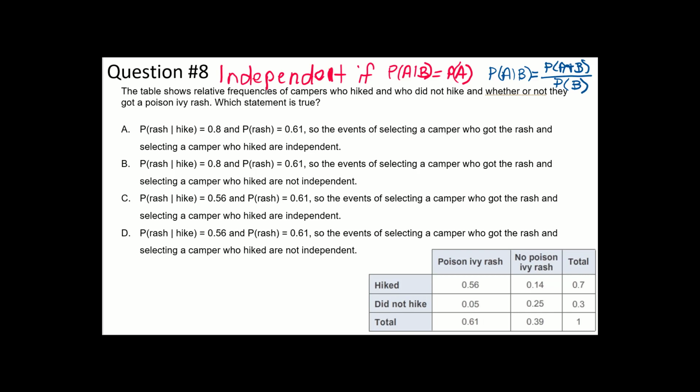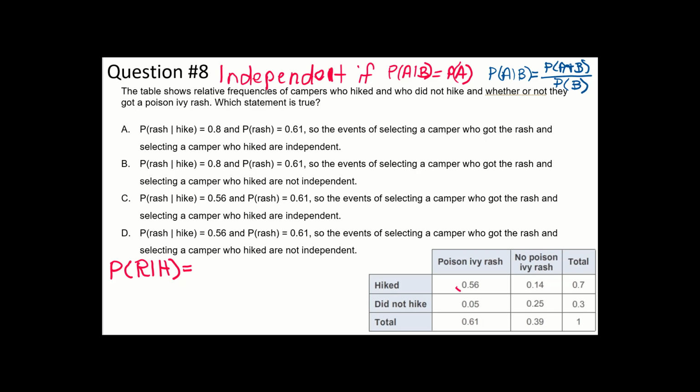So let's look at our chart. We're talking about hiking and getting a rash. So we're looking at the frequencies of campers who hiked and who did not hike, and whether or not they got a poison ivy rash. So we want the probability of did they get a rash and did they hike.